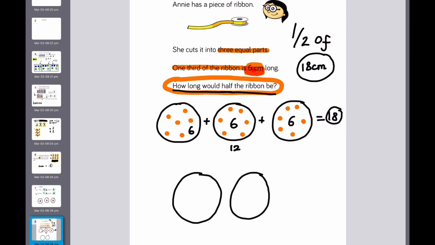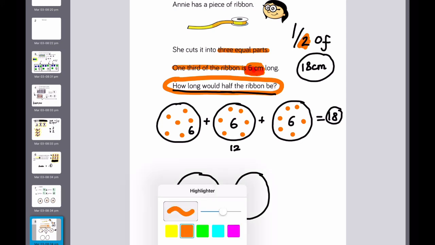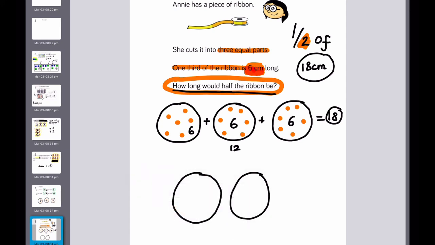Good, because half is shared between 2 equal groups. Are we ready to find half of 18? Let's go. 1, 2, 3, up to 18.